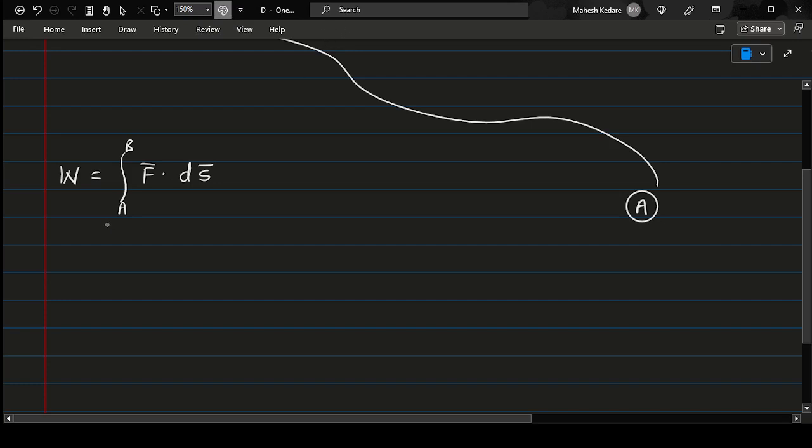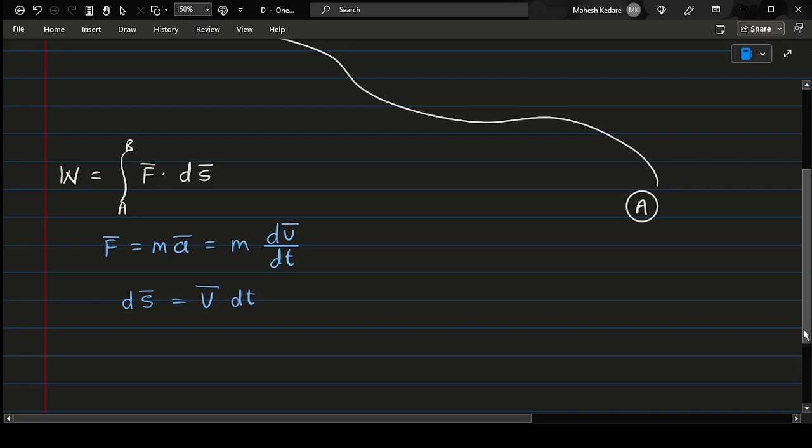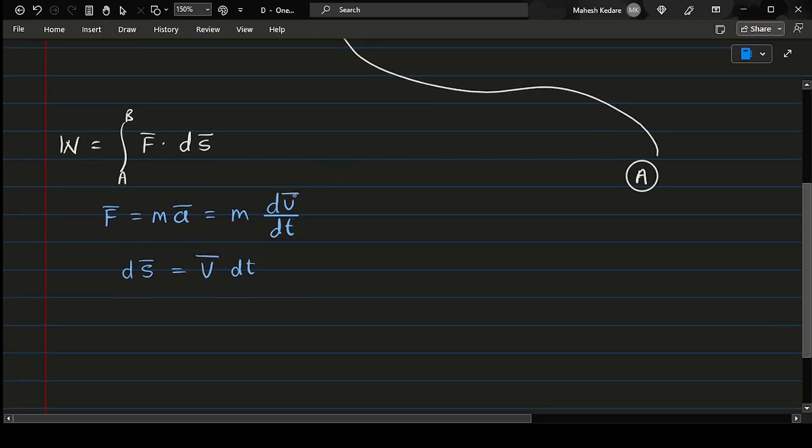Now we use Newton's second law of motion. According to Newton's second law of motion, F bar is equal to m a bar, and we can write acceleration as rate of change of velocity. Moreover, the displacement ds bar can be written as the velocity times the small time interval dt in which the displacement takes place.